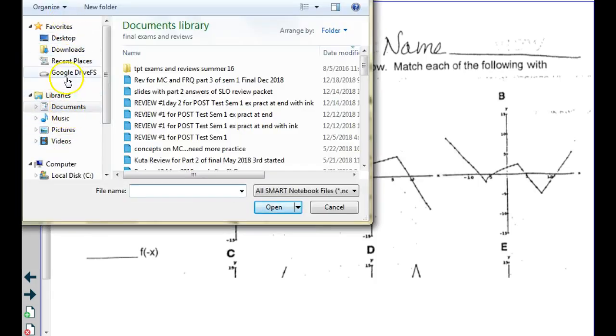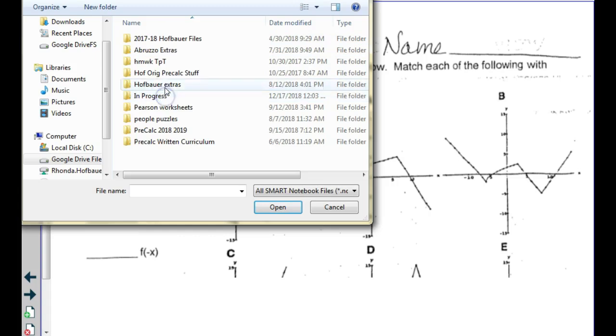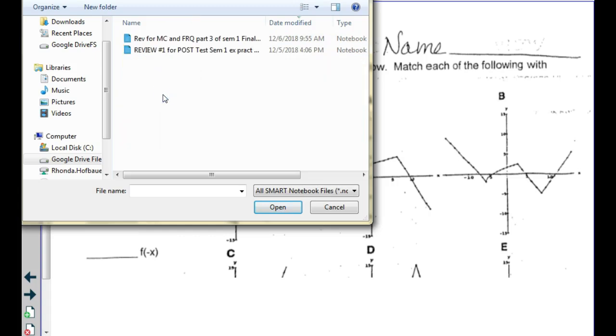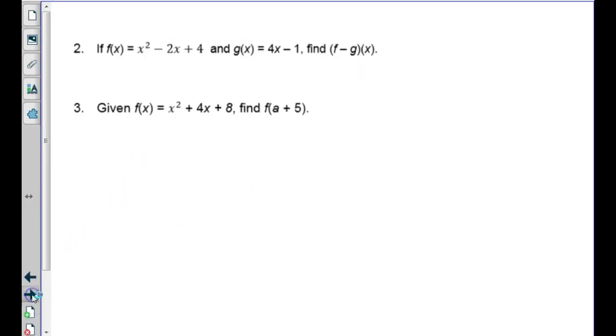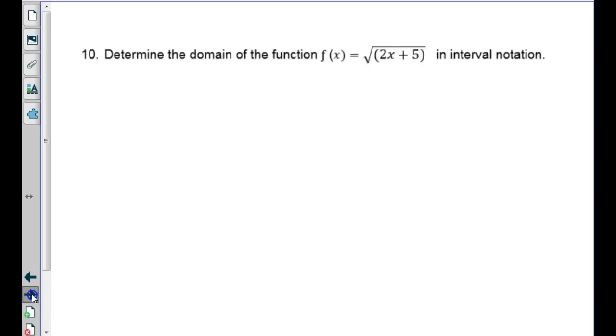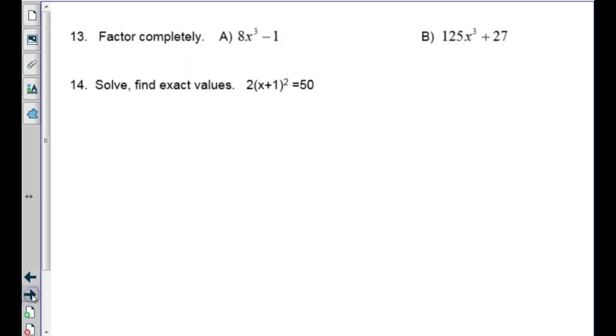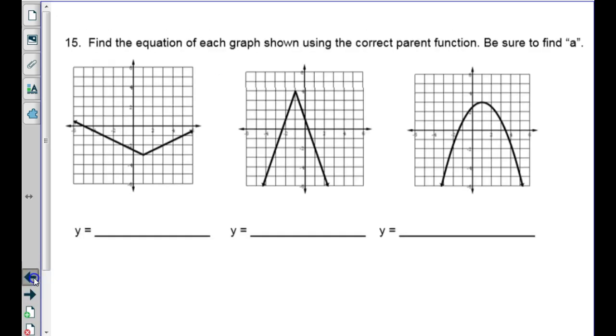I'm quickly switching. Thanks. Hope this is the right one. There. Starting with 17, you have little grids, right? Okay, because that's how the test is, and we wanted you to practice that.